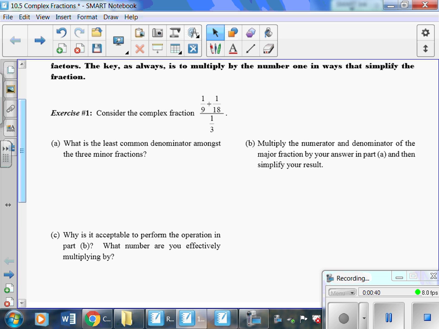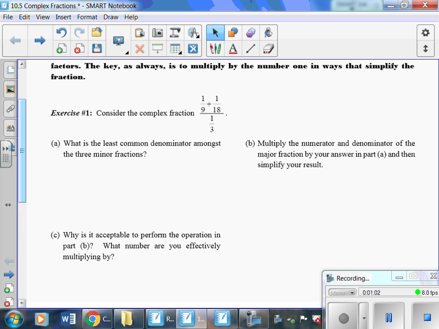All right, so we're going to start with a really simple complex fraction with just numbers and not variables, although this doesn't look very simple. So A says, what is the least common denominator amongst the three minor fractions? The minor fractions, I mean the 1/9, the 1/18th, and the 1/3.